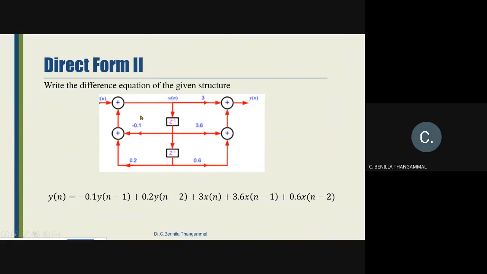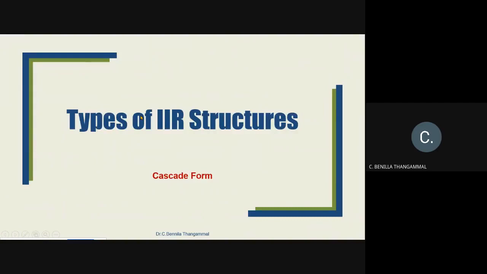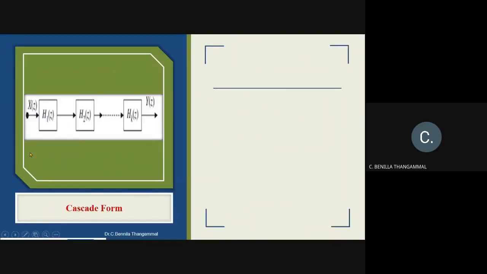Okay. Next type of structure, we are going to see the cascade form. So this is the cascade form structure. We break the transfer function into small chunks of first order functions, and then place them next to each other.